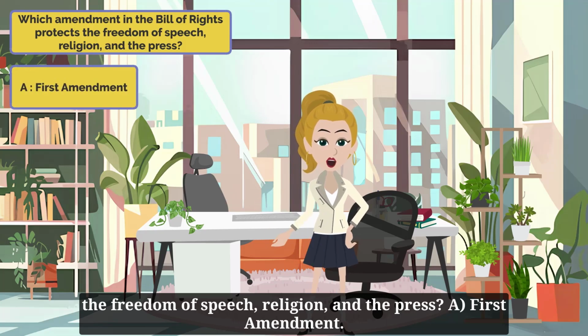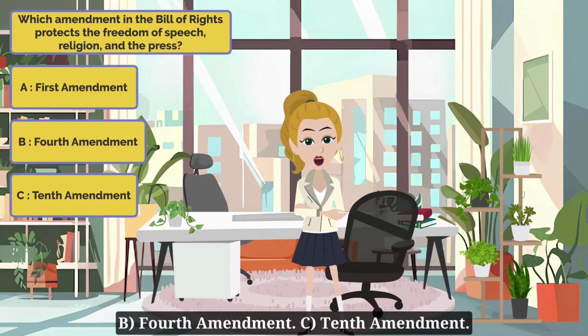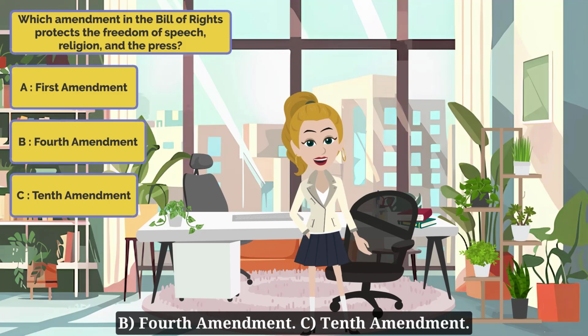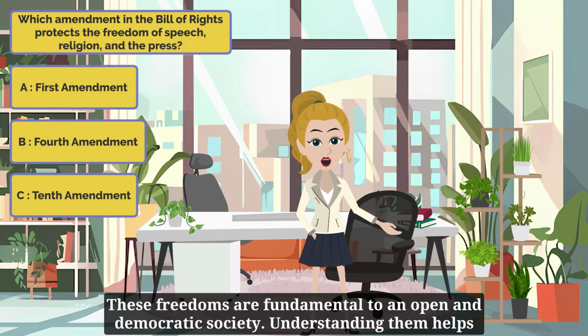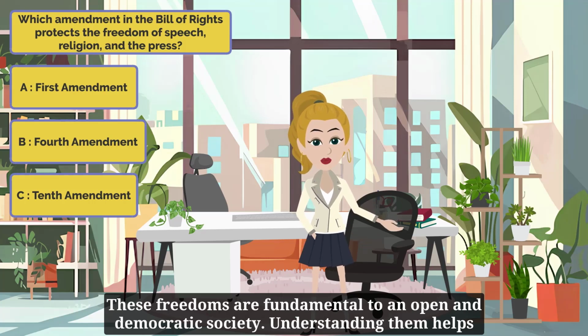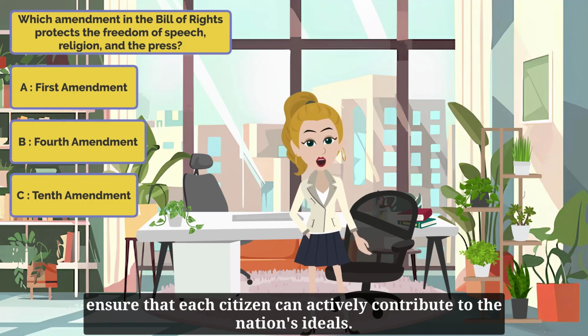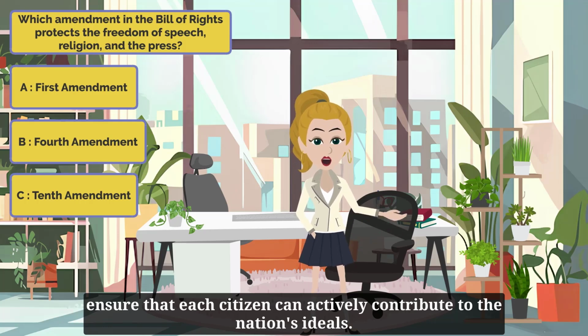A. First Amendment. B. Fourth Amendment. C. 10th Amendment. These freedoms are fundamental to an open and democratic society. Understanding them helps ensure that each citizen can actively contribute to the nation's ideals.